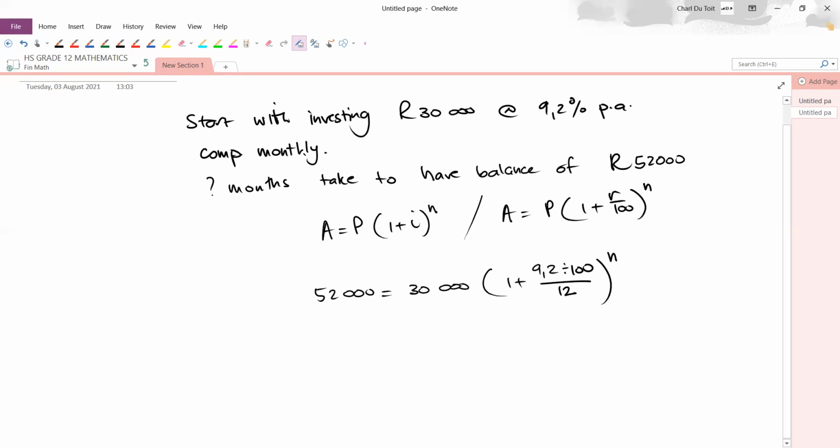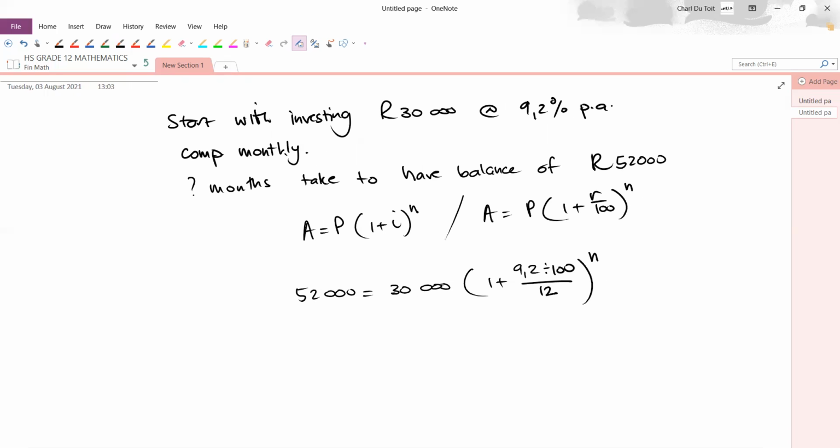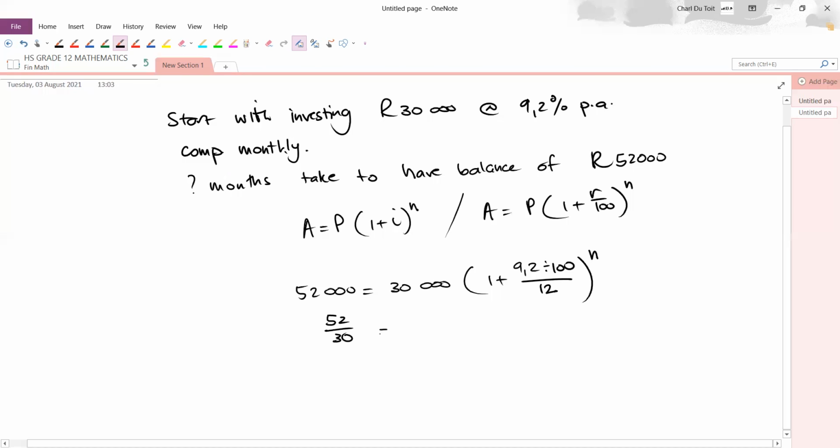Okay, how do we go about it now? So we need to try isolate n. Yes, and I'm going to divide the 30,000 Rand underneath the 52. That's basically going to be 52 over 30. Your calculator will simplify it as 26 over 15 or something like that. Doesn't matter. You understand what just happened? I divided by 30,000.